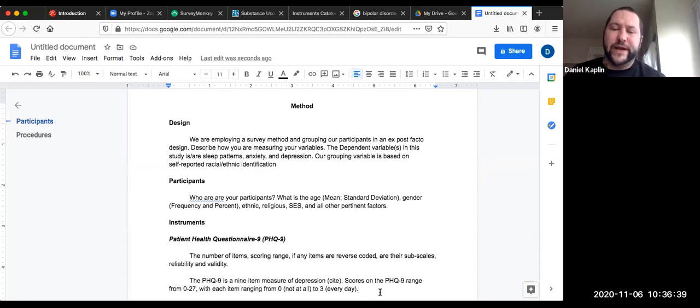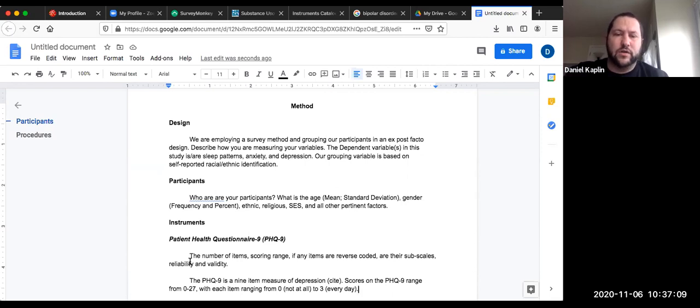You might have questions phrased in the opposite. Now, the PHQ-9 doesn't have that either, so I don't need to say anything of that nature. But there are instruments, for example, the Marlowe-Crowne. The Marlowe-Crowne is a measure of social desirability. When you use that, some items are phrased in the positive, some items are phrased intentionally for the negative to do reverse coding. You would have to describe that.